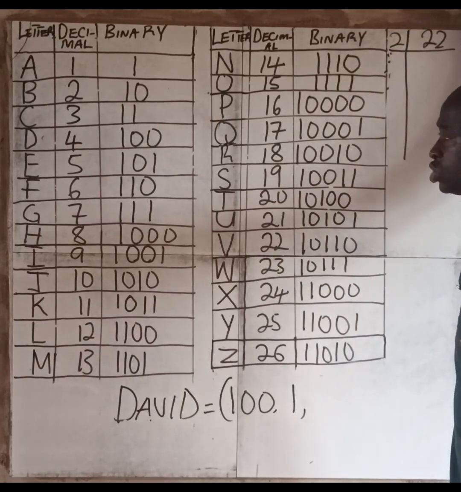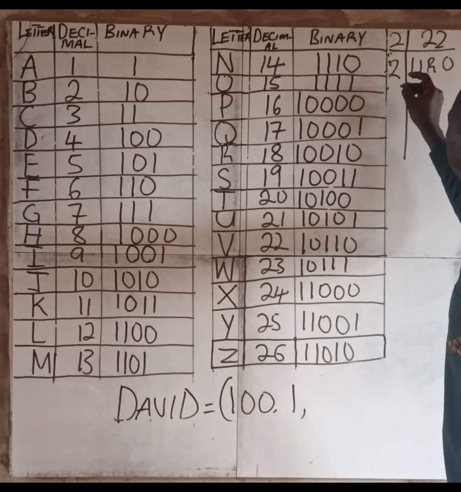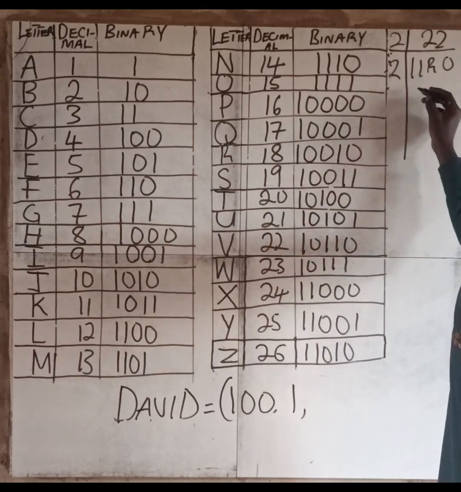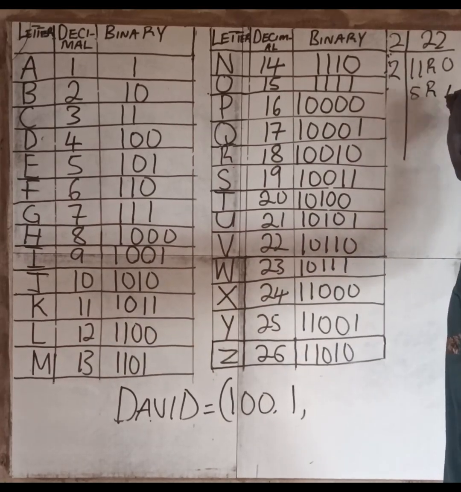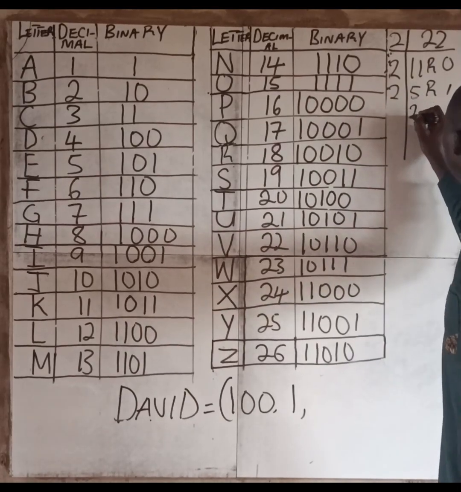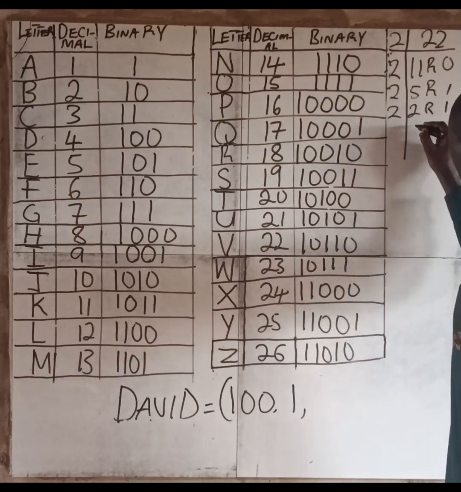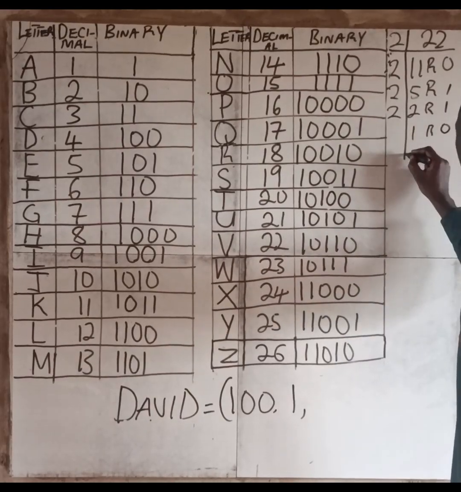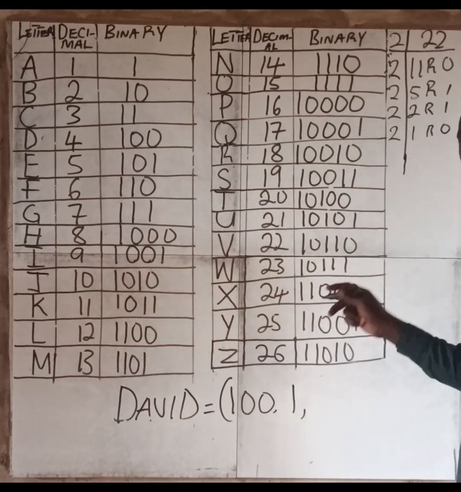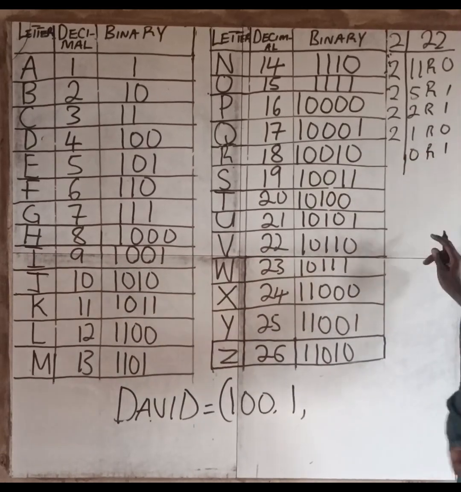Now 2 into 22 will give me 11, remainder 0. 2 into 11 will give me 5, remainder 1. 2 into 5 will give me 2, remainder 1. If 2 divides 2, it will give me 1, remainder 0. And if 2 divides 1, it's not possible. We will now write 0, remainder 1.